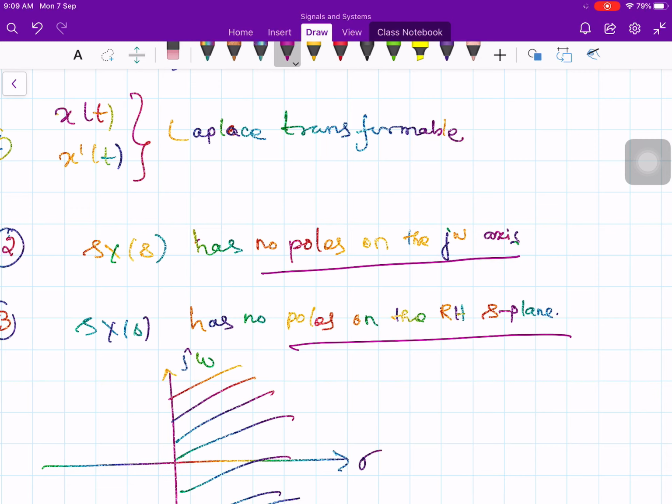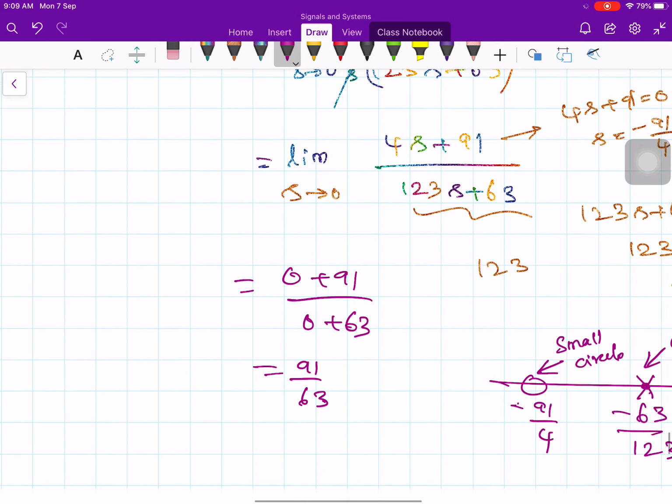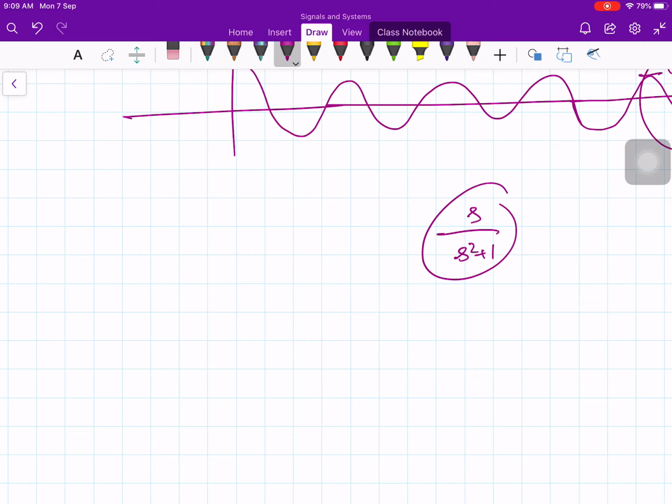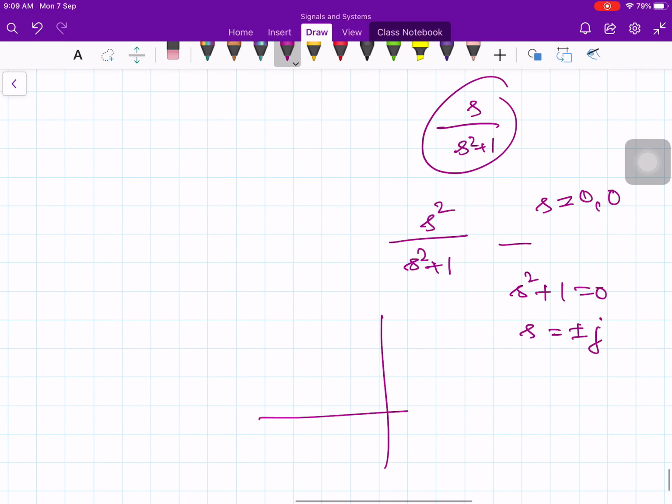Here, in the numerator you have s squared after multiplying by s, so two zeros at 0, 0. In the denominator, s squared plus 1 equals 0, that means s is equal to plus or minus j. So you have two poles, one at plus j and another at minus j.